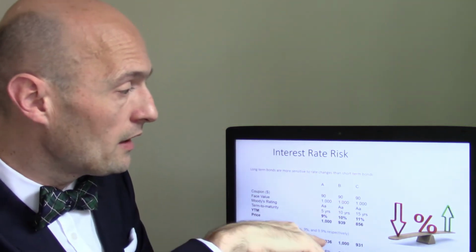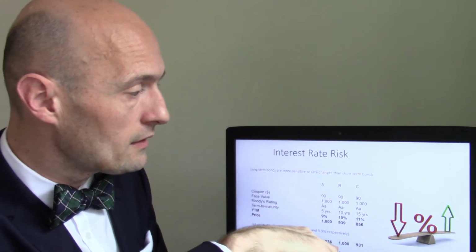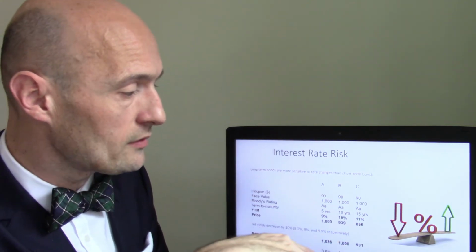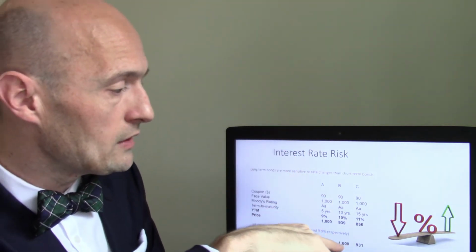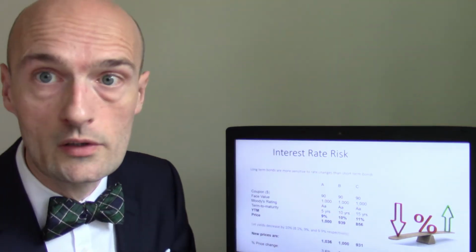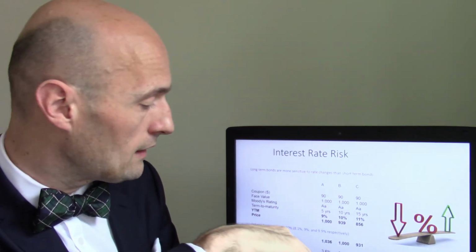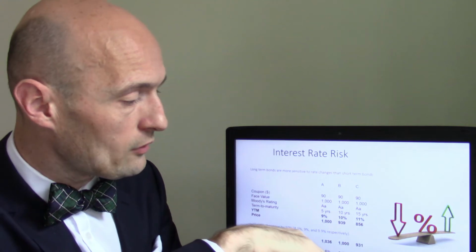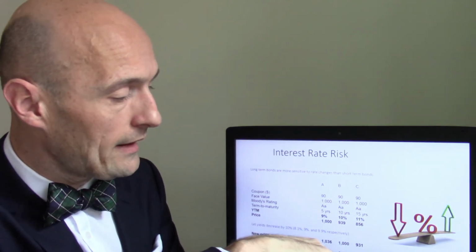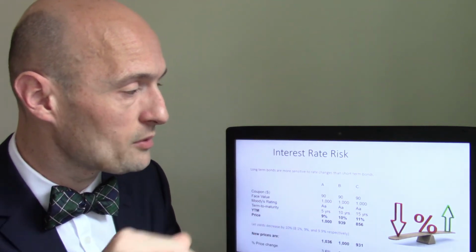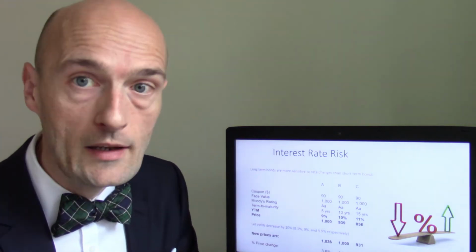We find that the 5-year bond is worth $1,036, the 10-year bond is worth $1,000, and the 15-year bond is worth $931. So they've all gone up in value, but the shorter term bond went up by 3.6%, the medium length bond went up by 6.6%, and the longest bond, the 15-year bond, went up by 8.8%.